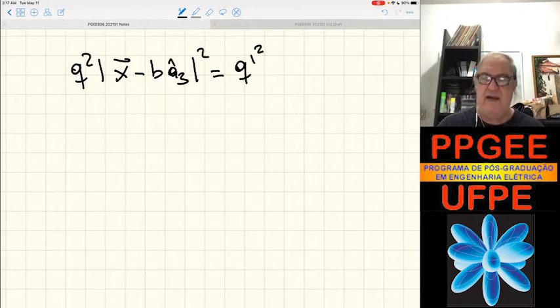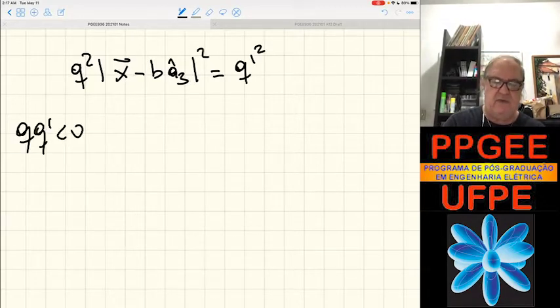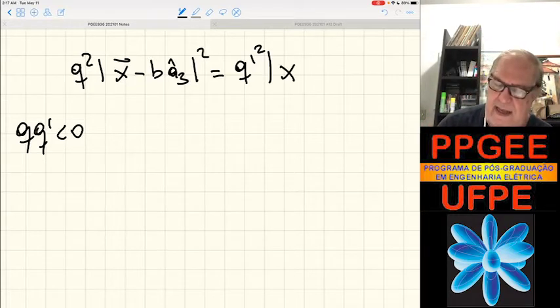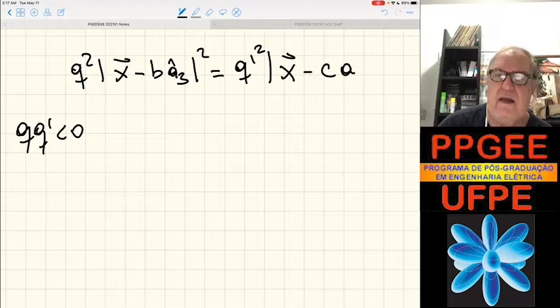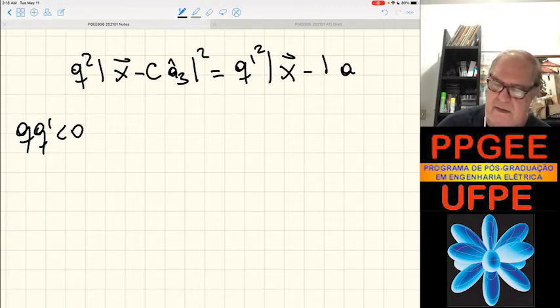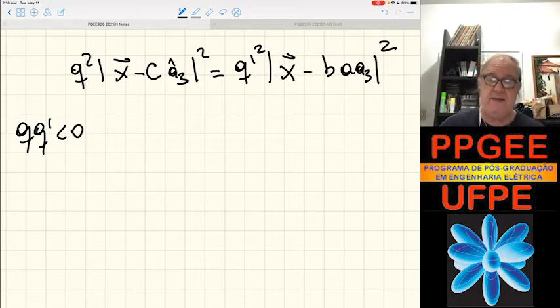Q prime square, but the sign, we know that Q prime is negative, so we have to keep track of that. Q square times magnitude of x minus C AZ squared equals Q prime square times magnitude of x minus B AZ squared.